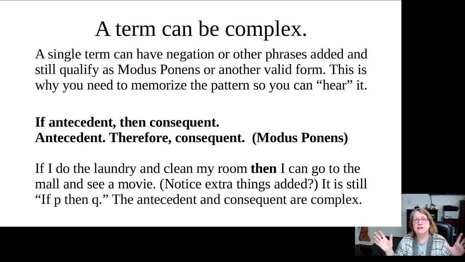Now I gave you a sheet, was it last week or the week before, with 9 different valid forms of reasoning using variables and symbols, symbolic logic. I want you to become familiar with those.